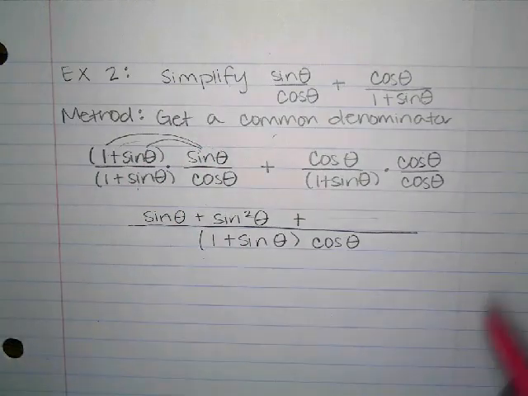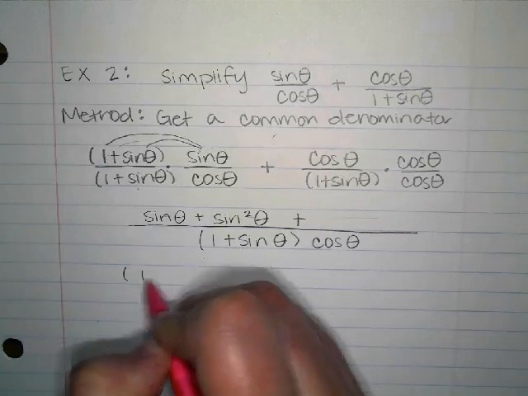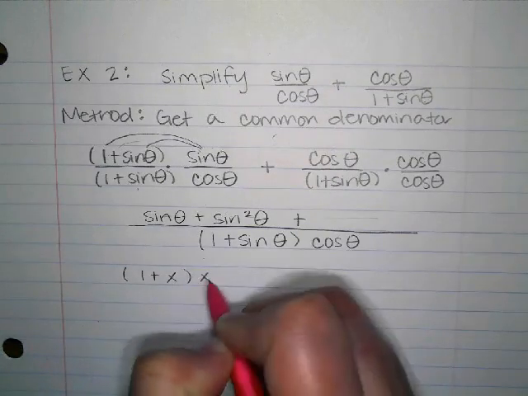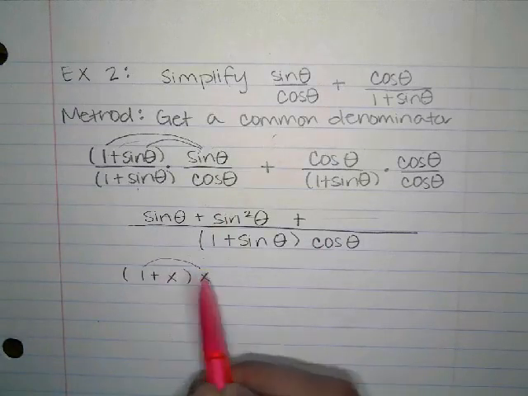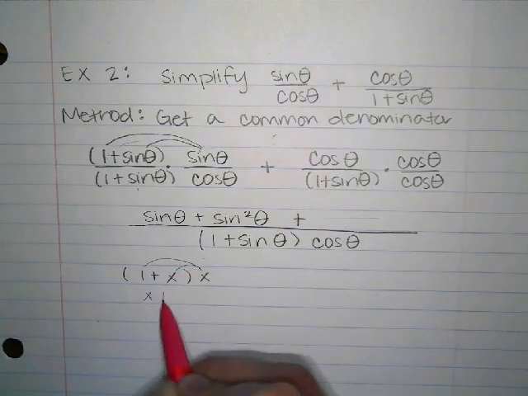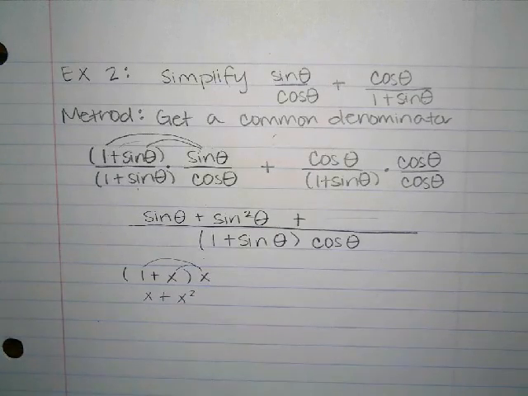If we had 1 plus x times x, same sort of idea, and if we distribute from behind, it would be x plus x squared. This is the exact problem we did, we just did it with sines. Good question. Okay, and then for the last part, what do we have? Cos squared, okay?